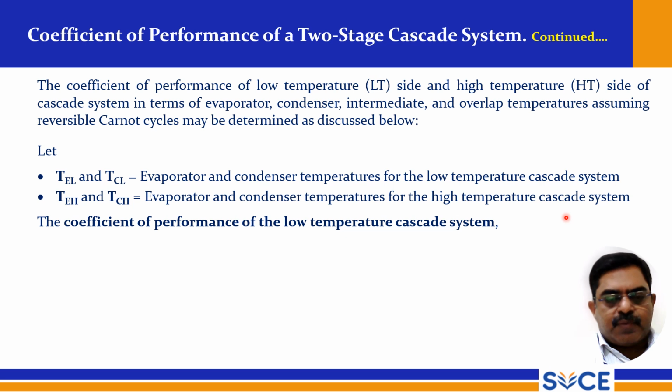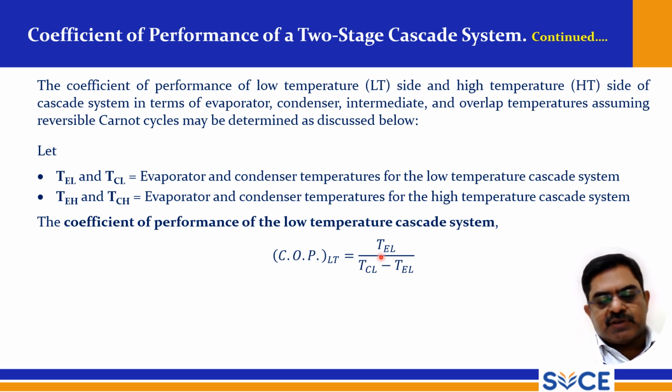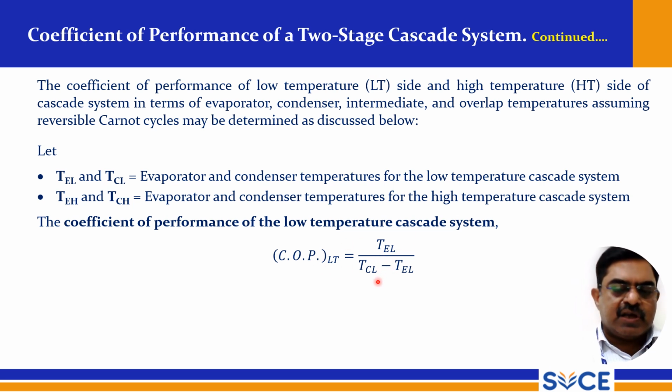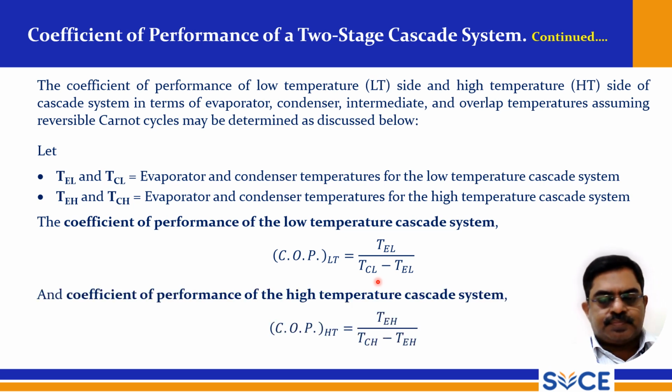The coefficient of performance of the low temperature cascade system is COP of LT equal to TEL divided by (TCL minus TEL). So that is at low level: evaporator temperature divided by condenser temperature minus evaporator temperature.